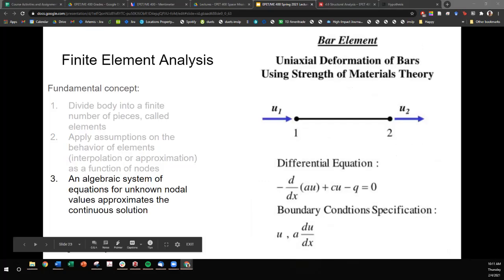And then finally, you apply an algebraic system of equations for unknown node values, which approximates the continuous solution for a bar element. So let's just look at this simple example. You have these boundary conditions for these two nodes that represent a bar. The differential equation that dictates the way these nodes interact with each other is given here, and then the boundary conditions are here, and they're applied at the nodes.